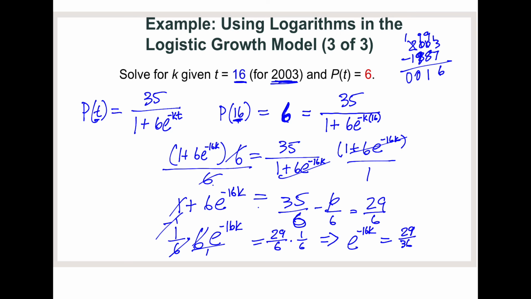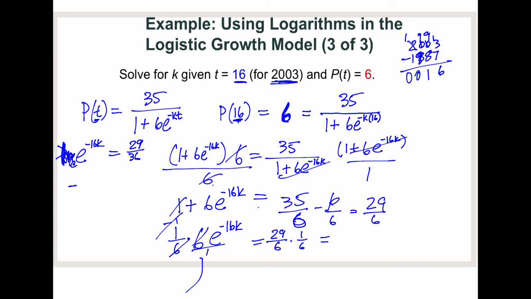Okay, so let's go ahead and move this over here, capture this. We're just going to move it over here so we can solve it. Now I'm going to take the ln of both sides. So taking the ln of both sides, that's the log base e of e to that.